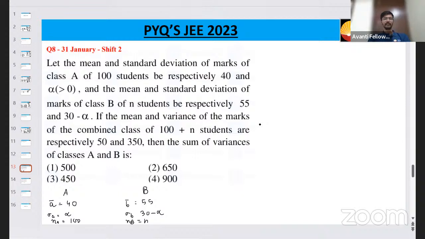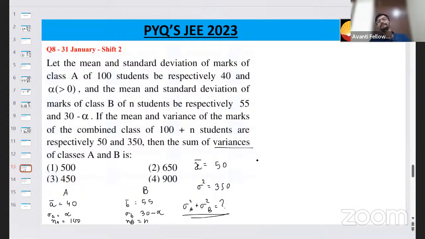If the mean and variance of the marks are combined, so the combined mean is given as 50. The combined variance is given as 350. Sum of variances. That means we have to find sigma square A plus sigma square B. Sum of variances means sigma square A plus sigma square B is equal to question mark.